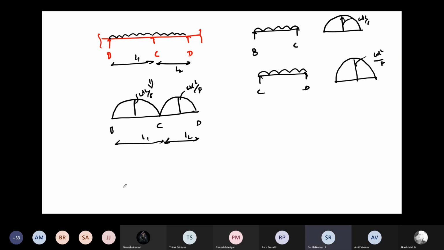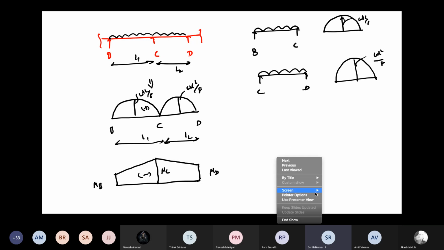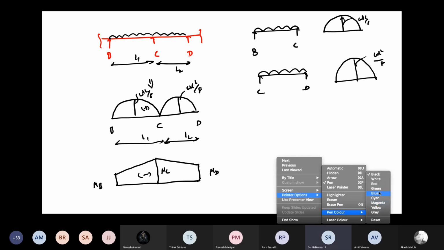Okay, positive. The negative moment, I don't know what is MB. I don't know what is MC. I don't know what is MD. Can be any values. Right? So MB, MC, MD. What is this? This is negative moment. This is positive moment. This is negative moment. So the combination of moments will be your final diagram, right?